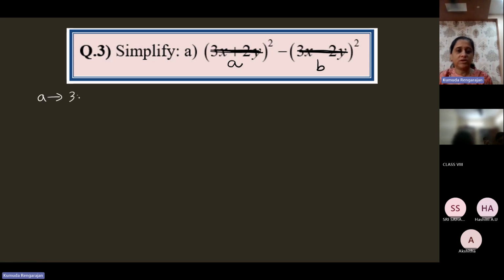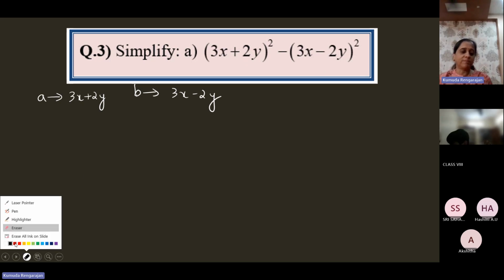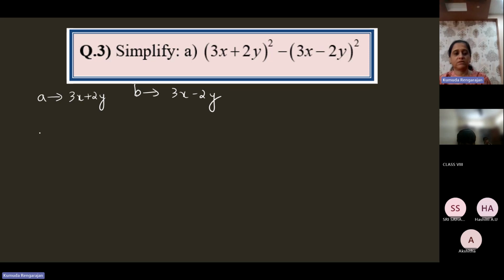A is 3x plus 2y and b is 3x minus 2y. And the question is of the form a squared minus b squared. So the answer is a plus b into a minus b. So we'll write the answer now: a plus b into a minus b.